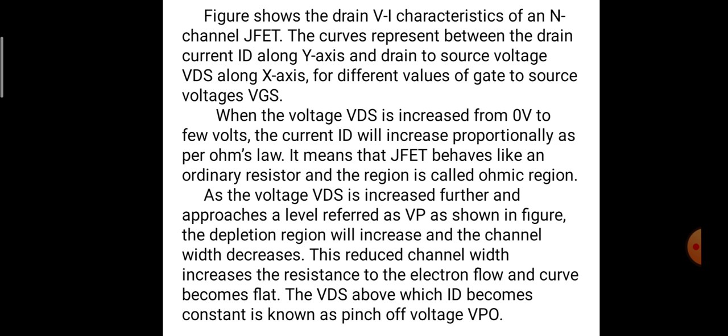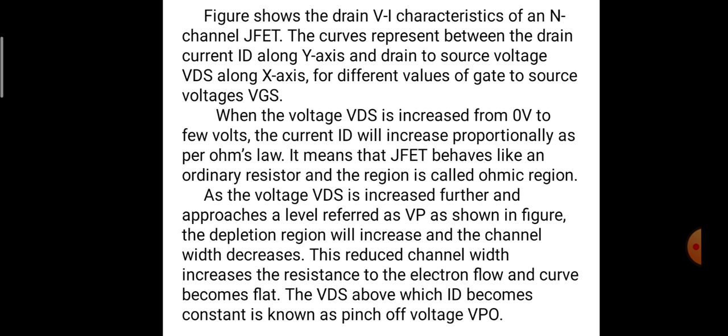When the voltage VDS is increased from 0 volt to a few volts, the current ID will increase proportionally as per Ohm's law. It means that JFET behaves like an ordinary resistor, and the region is called the ohmic region.